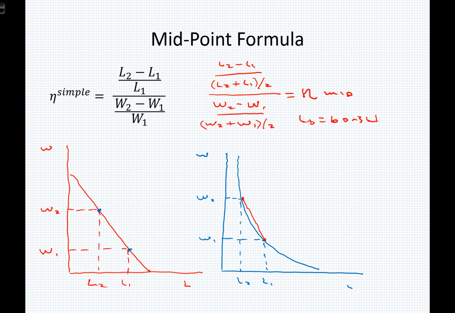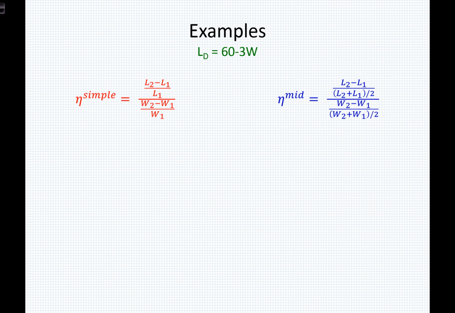So now let's think about an example. Let's consider where we have some initial level of wage. Let's say that initial level is W1 equaling 8, and we're going to move to some W2 equaling 10. And that then is going to let us think about the L1 and L2. But now let's use this labor demand equation that I've noted here.